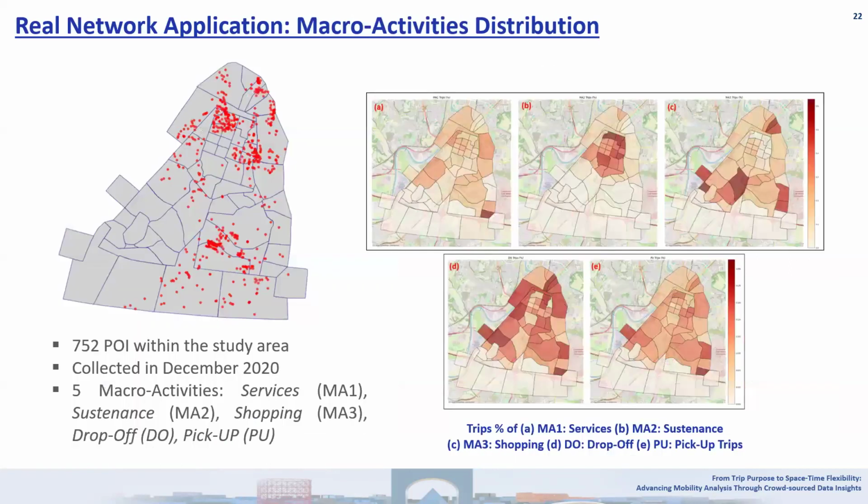And then all the other trips have been classified according to their spatial temporal flexibility, through the model that we introduced in the previous section, and the macro activities that we obtained from that model. For each traffic zone, we have computed the percentage of trips for each macro activity.